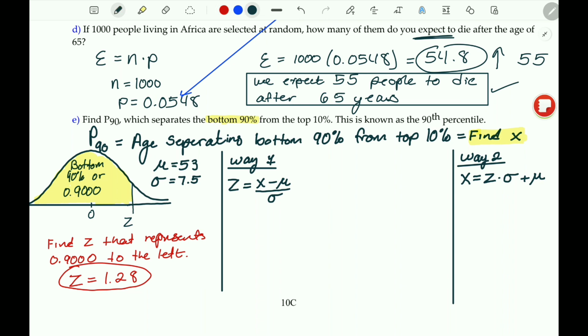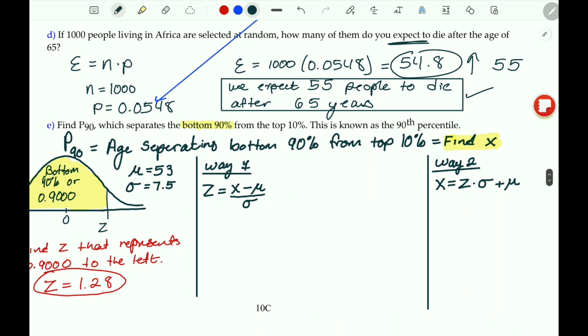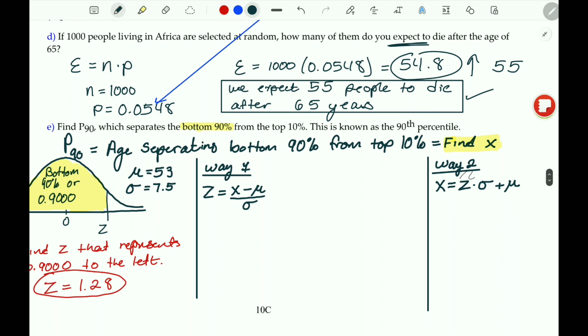Now, some instructors use the regular z-score formula to solve for x. Some instructors, including myself, use way number 2, which is known as the raw score formula. So this is using the z formula. This is using the raw score formula.